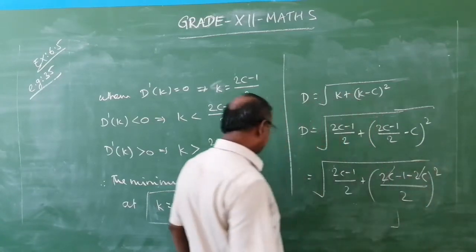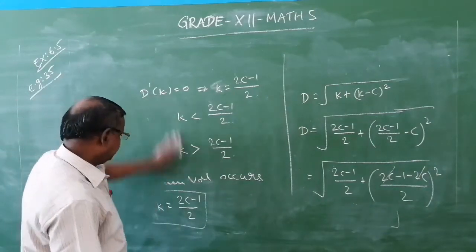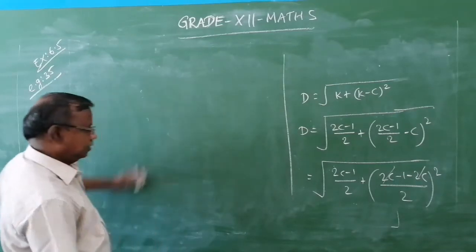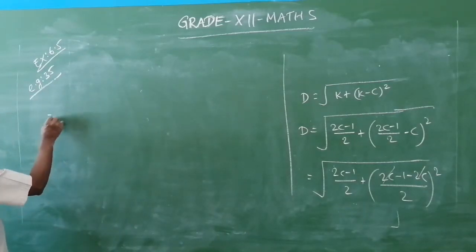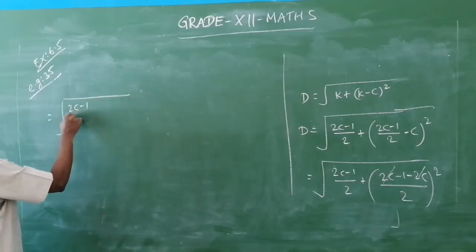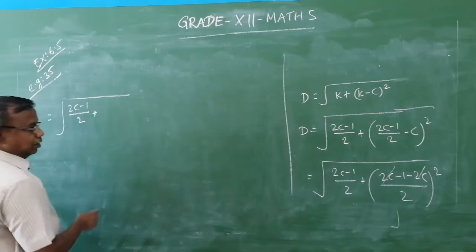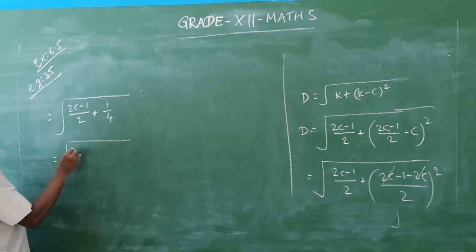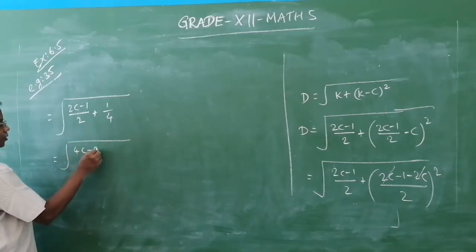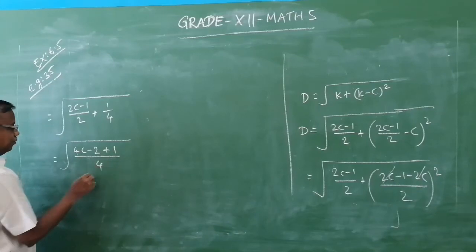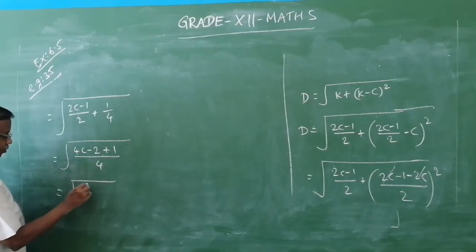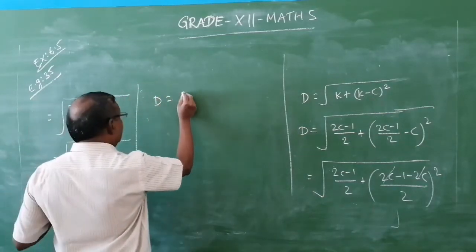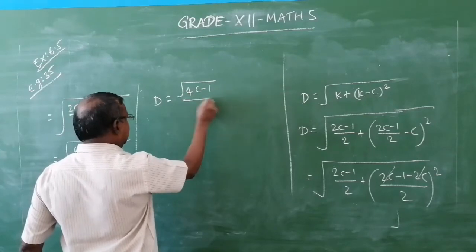So 2c cancel. Now root of ((2c minus 1) by 2 plus 1 by 4), taking again LCM. Now (4c minus 2 plus 1) divided by 4 equal to root of (4c minus 1) divided by 4, or the distance equal to root of (4c minus 1) divided by 2.